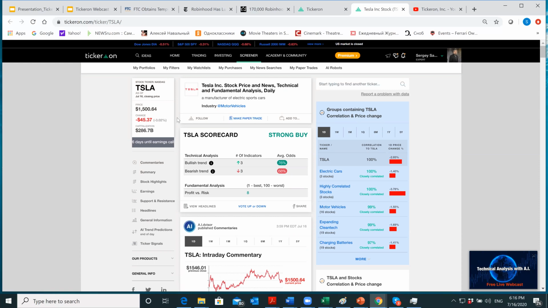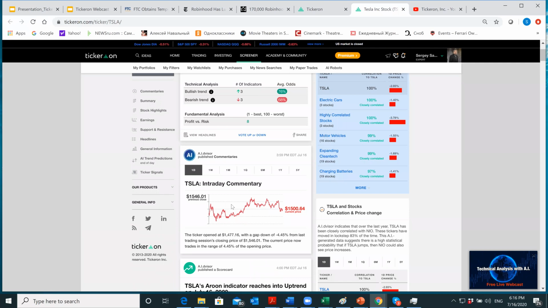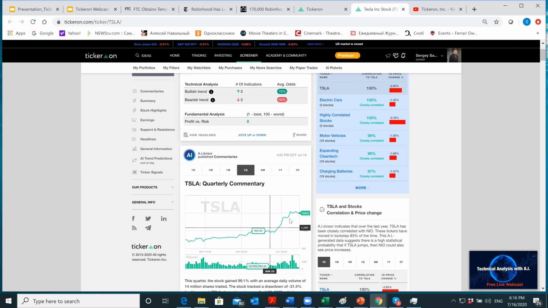We're going to reverse that trend. Okay, that's the scorecard. These are their data intraday as of today. And then you can look at what's been going on with Tesla. Pretty good trend up. And that means it's a good thing, okay, until it goes down.